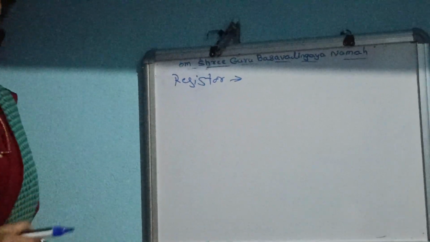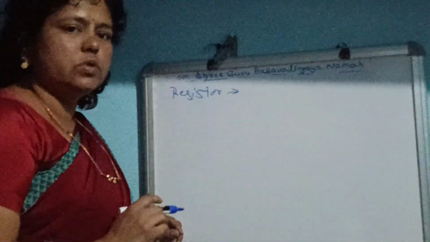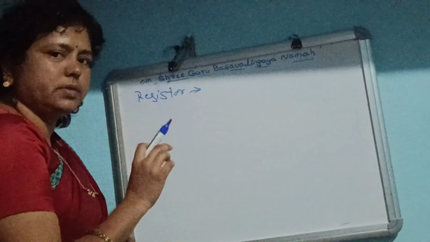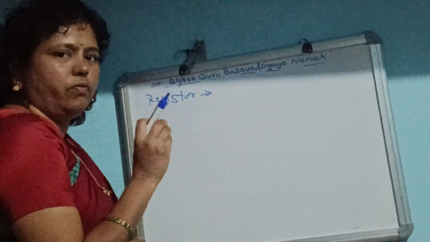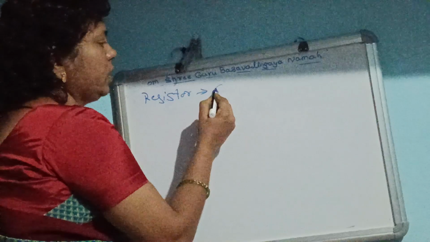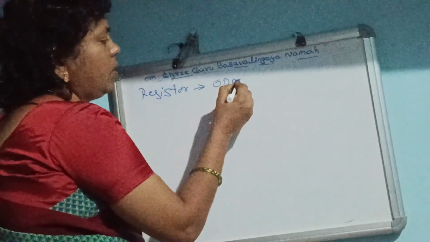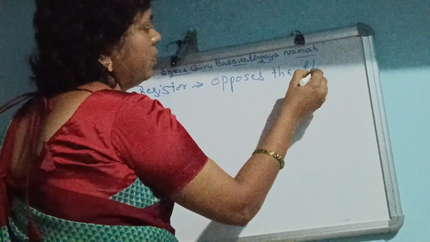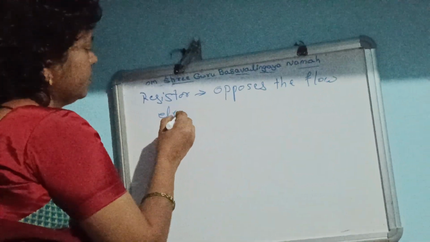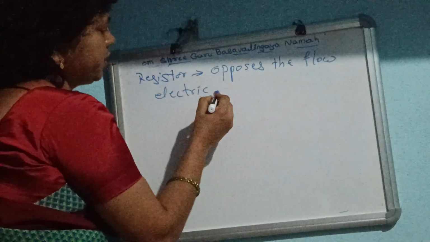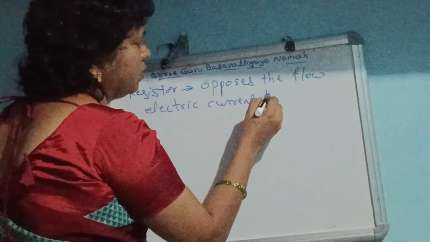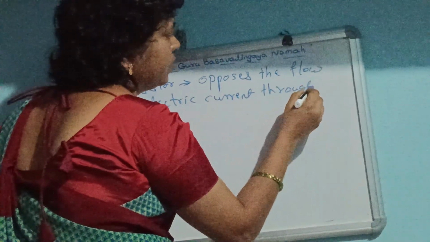A resistor is an electronic component that opposes the flow of electric current through it. Resistance is the property of a substance which opposes the flow of electric current or electric charges through a conductor.